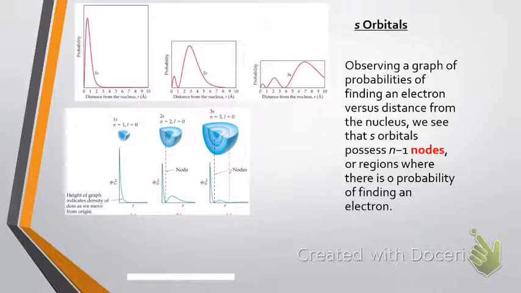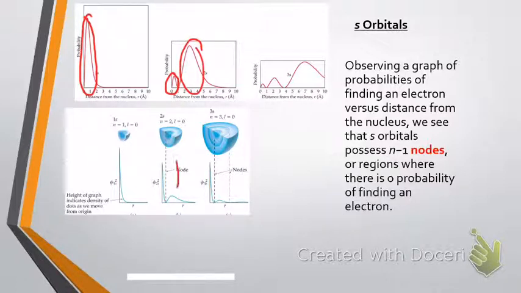This is showing the probability maps. What we see here is if it's a 1s orbital, you have the highest probability of being within 1 angstrom or so of the nucleus, and so it looks like a little sphere. Whereas with 2s, we still have that 1 for the 1s, but then we have a higher probability of finding electrons in the 2s.